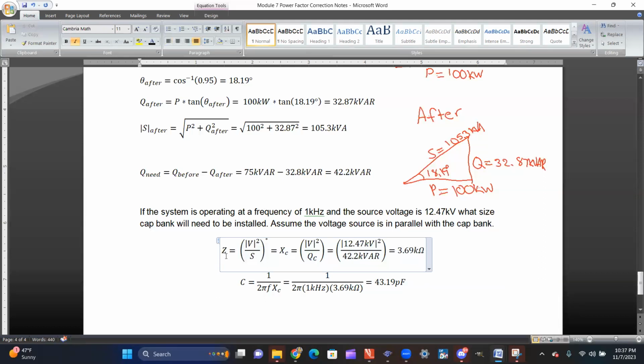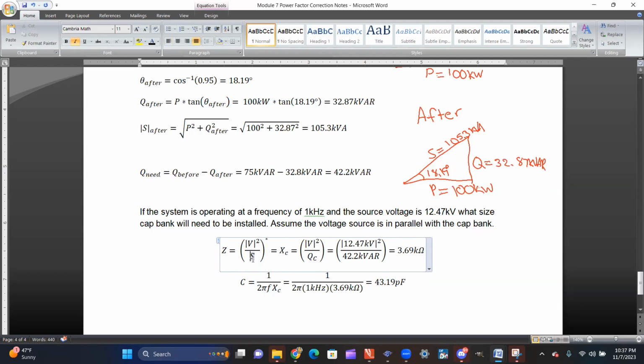So therefore, we can reduce or substitute the reactive element, the capacitive reactance, with the impedance, like I've done right here, and also the complex power.